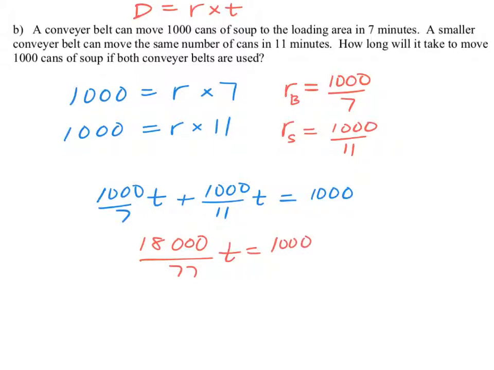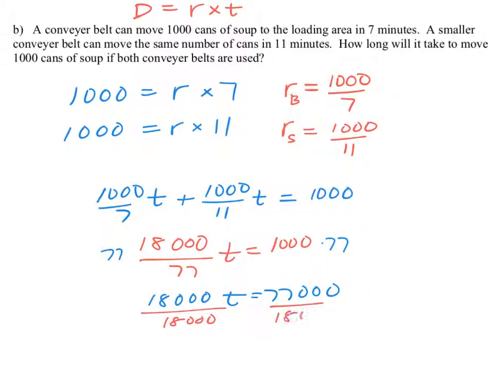By multiplying both sides by 77, we get 18,000t is equal to 77,000. And then by dividing by 18,000, we get t is equal to 4.27. And this is going to be in minutes.